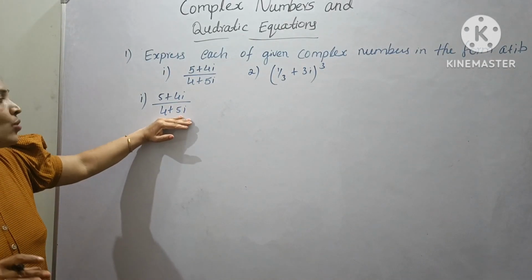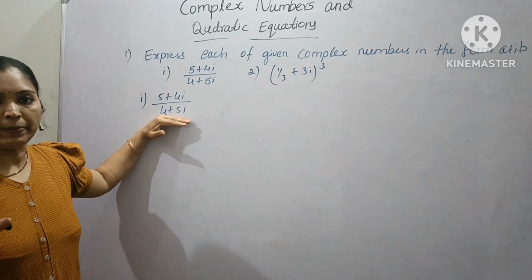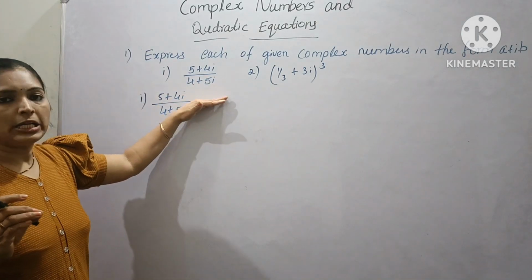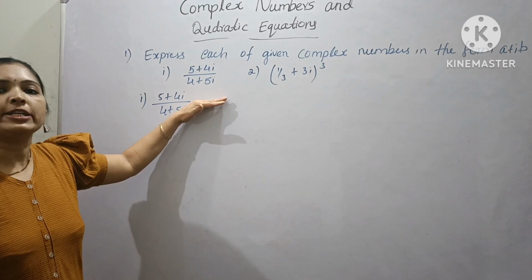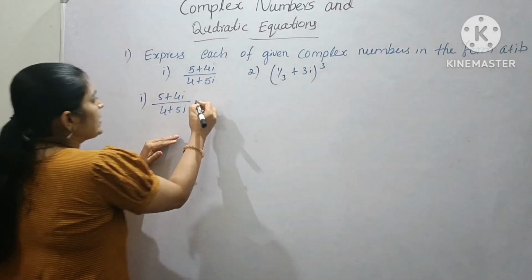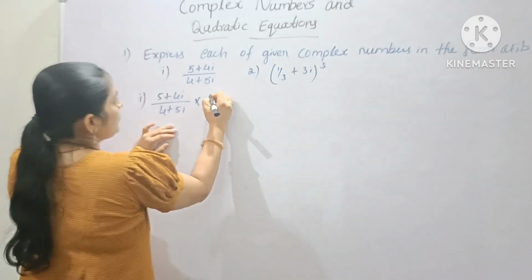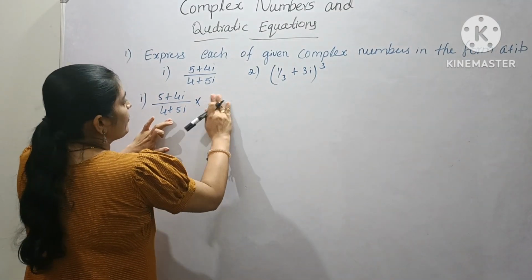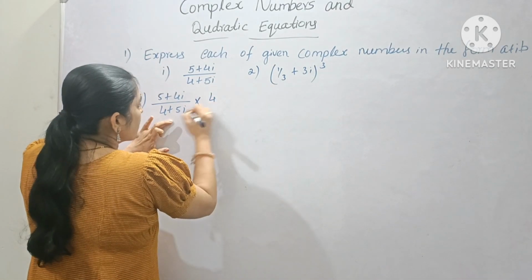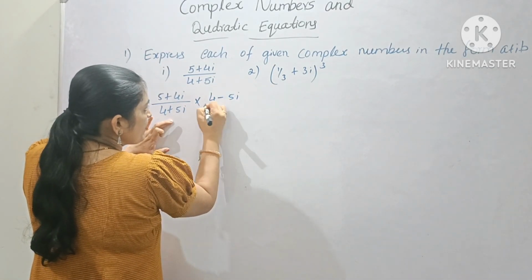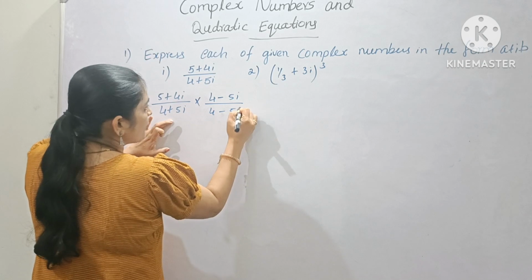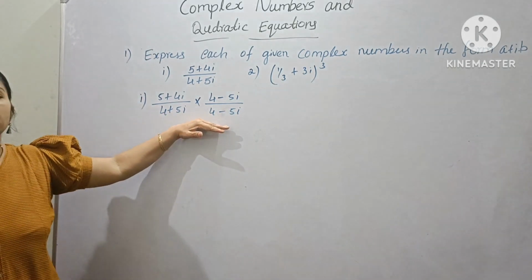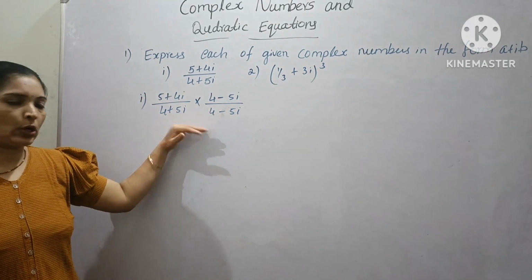First of all, we have to make it a real number by multiplying and dividing by its conjugate. Here the denominator is 4 plus 5i, so its conjugate is 4 minus 5i, divided by 4 minus 5i, so that we will get a real number in the denominator.